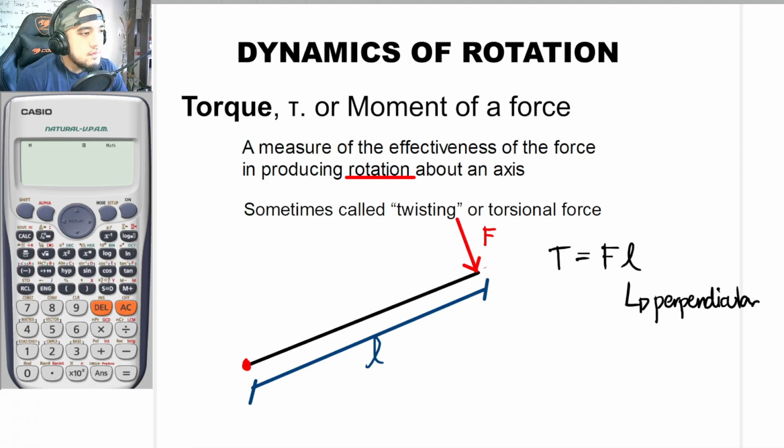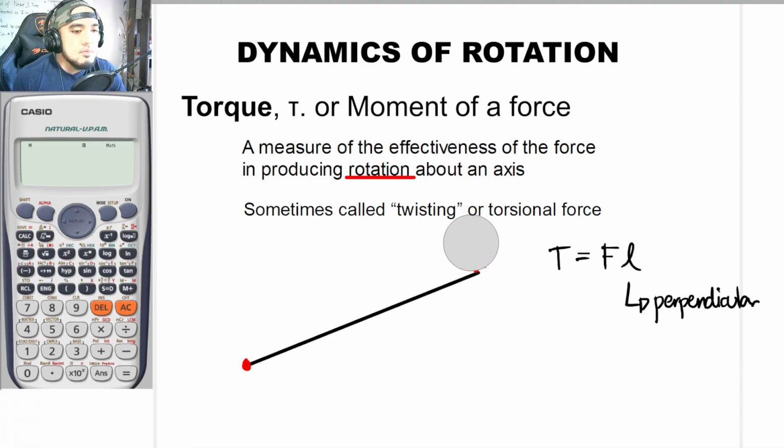What if, for example, your force is not directed perpendicular to this stick? Pretend that your force is located like this. As you can see, this is not 90 degrees, and thus this is not perpendicular. In this case, you cannot just multiply force by this particular length here, because they are not perpendicular.